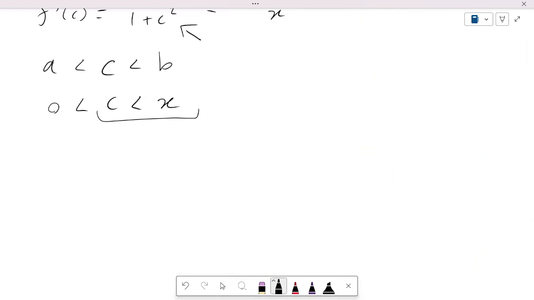Okay, so what we should know over here is that 1 plus c squared is less than 1 plus x squared. That's the reason why I'm doing this.